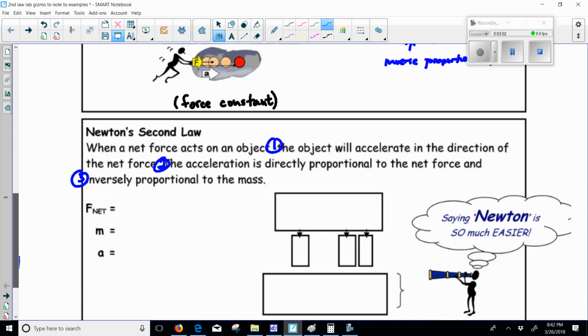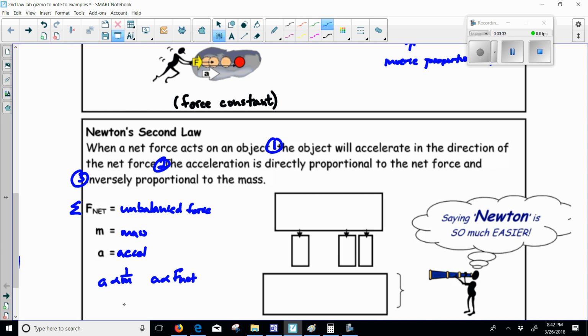So first of all, the sum of the forces is called the F net. This is the unbalanced force. We also have our mass, and we have our acceleration. And here's what we know so far. We know that the acceleration is inversely proportional to mass, and it's directly proportional to the F net.